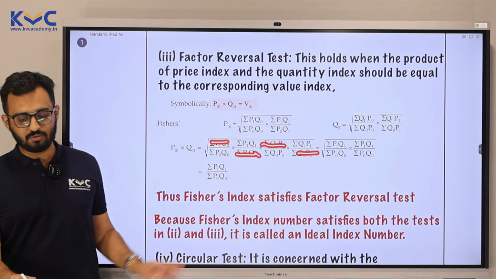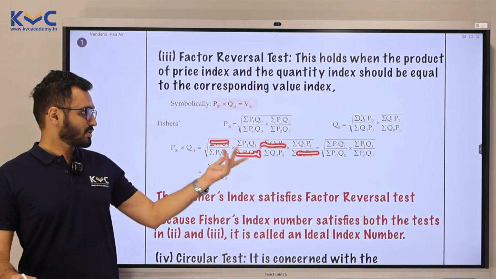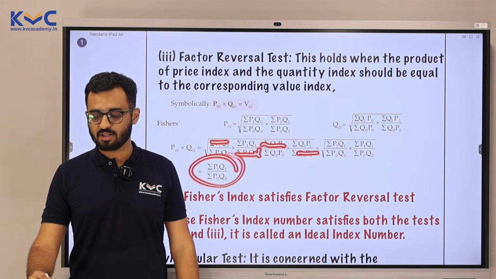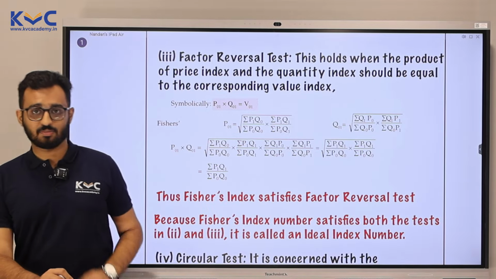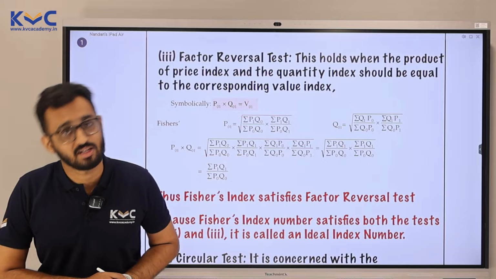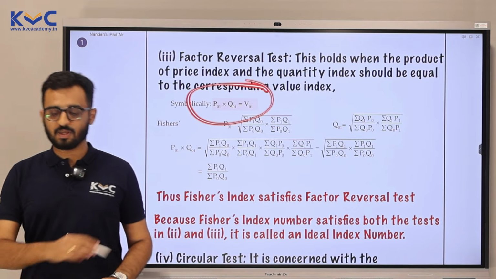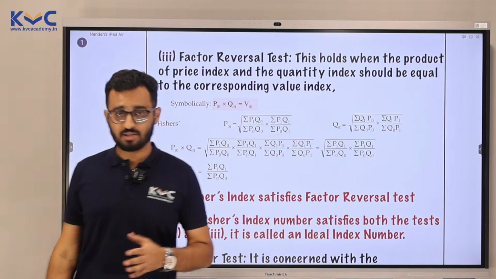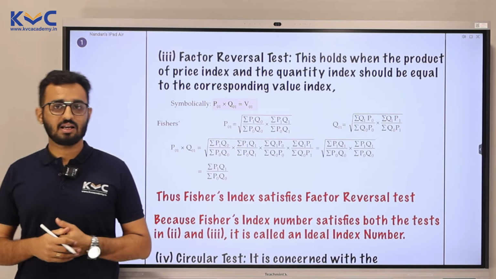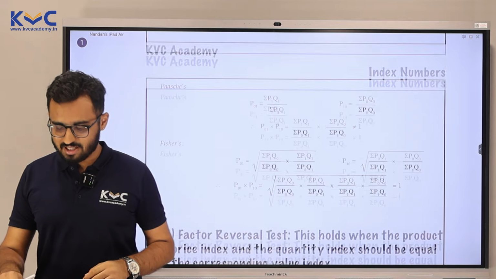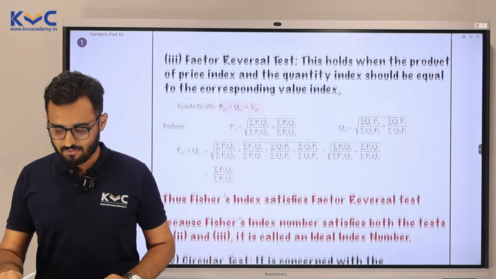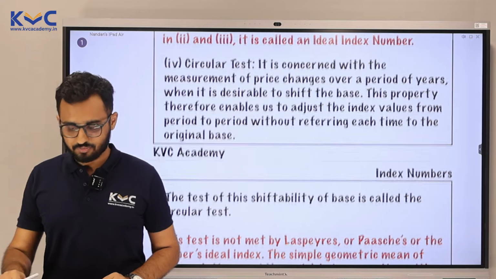So you'll be left with P1 Q1 into P1 Q1, P0 Q0 into P0 Q0. Since it is under the square root, you will be left with summation P1 Q1 divided by summation P0 Q0, which is basically the value index number. Understood? So factor reversal test is P01 into Q01 should be V01. That has been confirmed in the factor reversal test. Right? So that is about the unit test, time reversal test and factor reversal test.